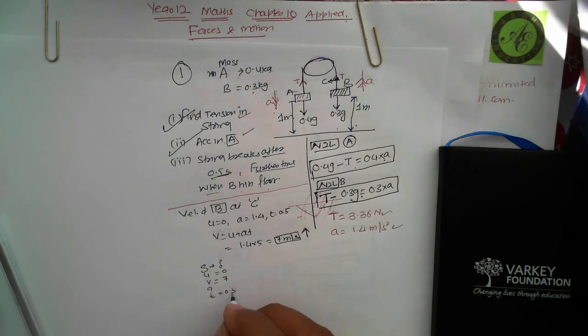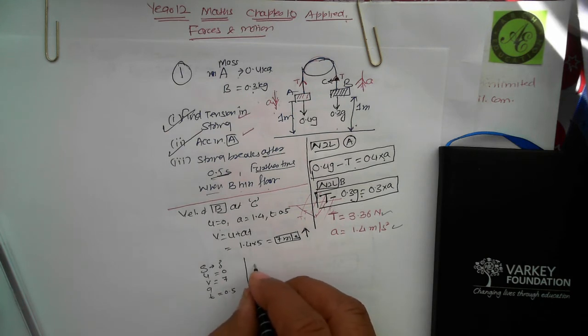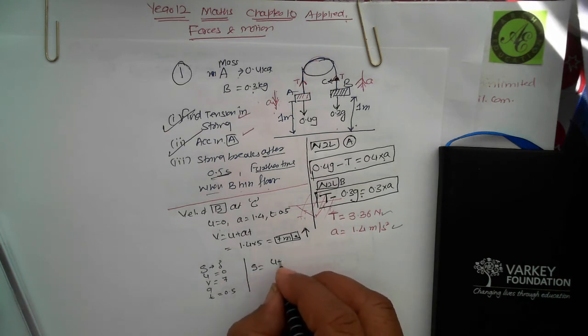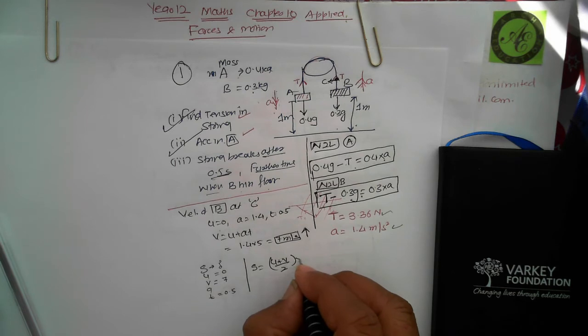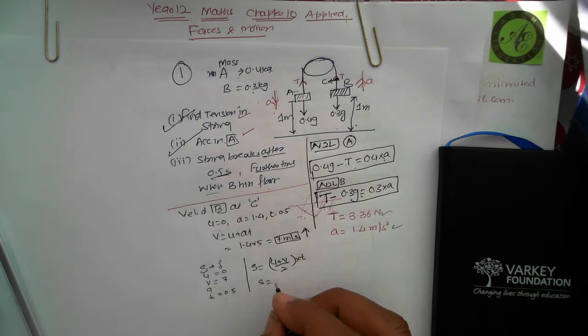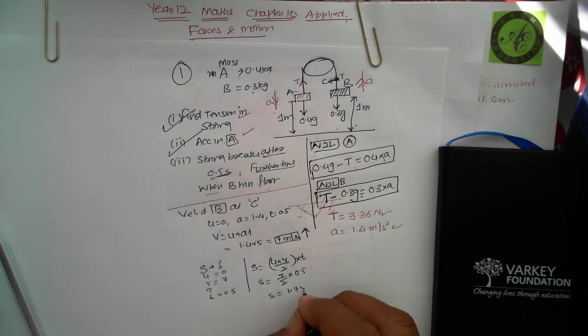Many equations we can use. If you remember, s equals u plus v over 2 times t. So s equals 7 over 2 times 0.5, so 3.5 times 0.5, s equals 1.75 meters, I think.